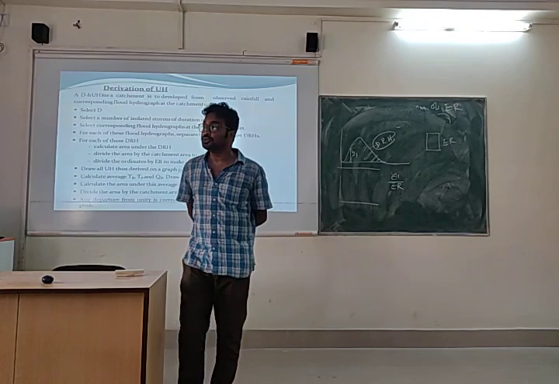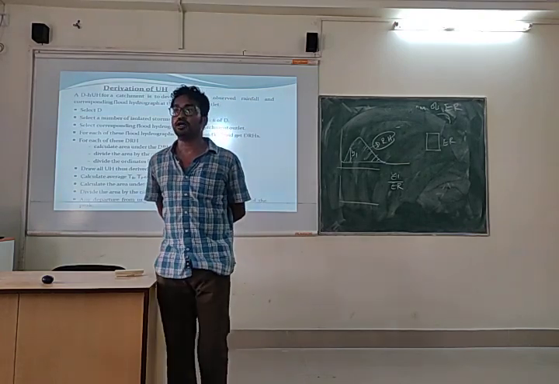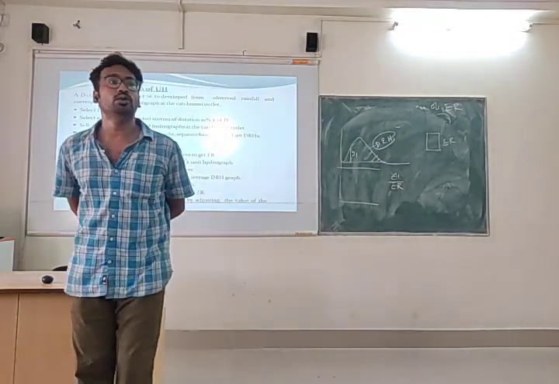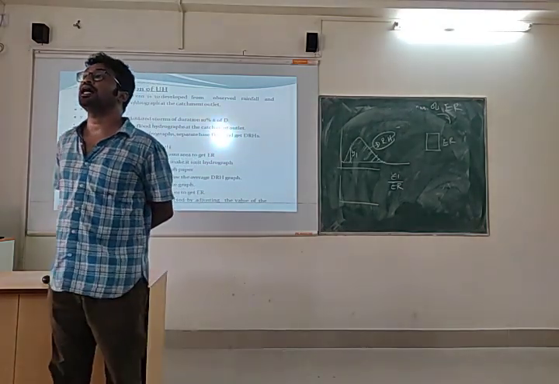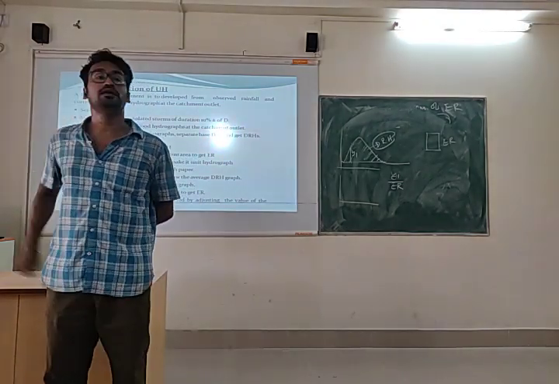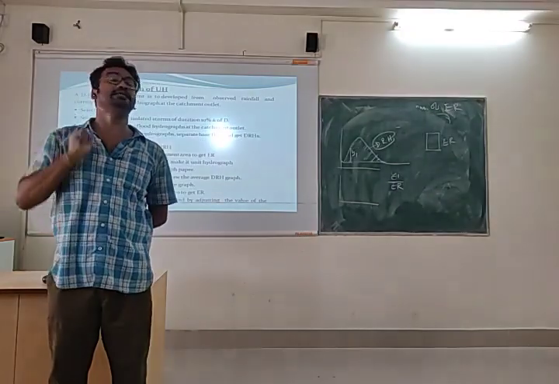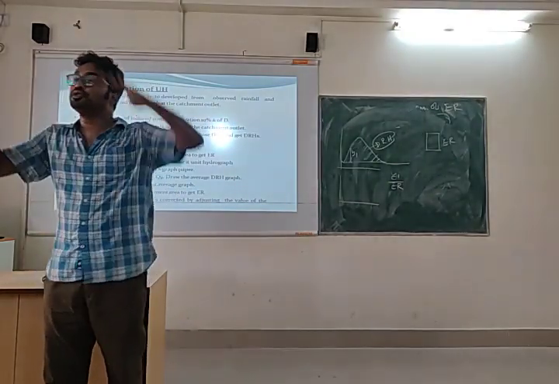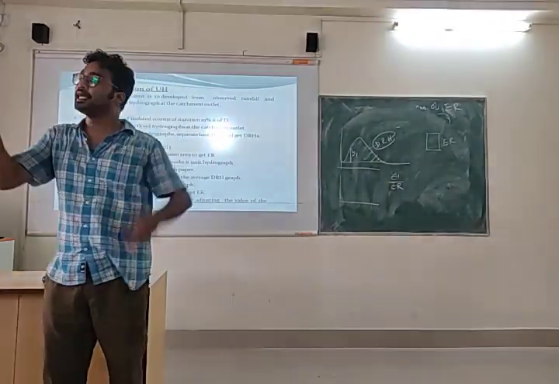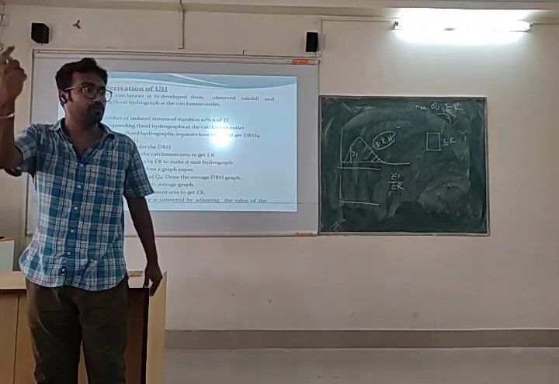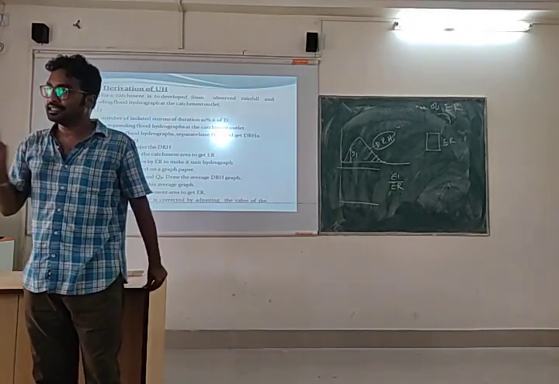The ordinate for the unit hydrograph. Because by definition we know a unit hydrograph is the direct runoff hydrograph which has 1 centimeter of excess rainfall. So if you divide by the excess rainfall, you will get the ordinate for 1 centimeter of excess rainfall. Yes or not?